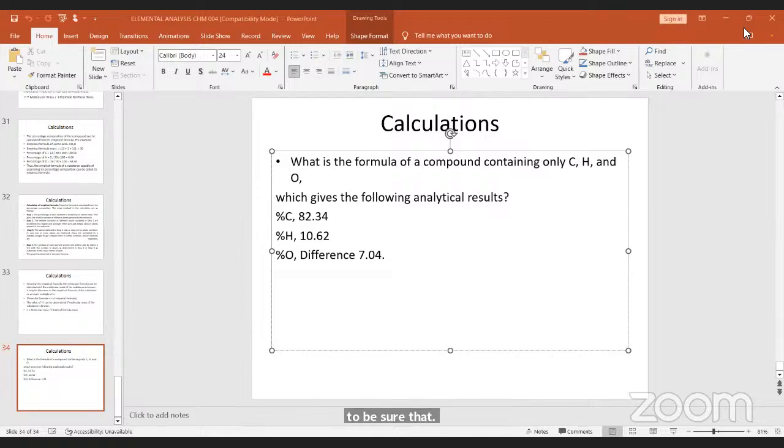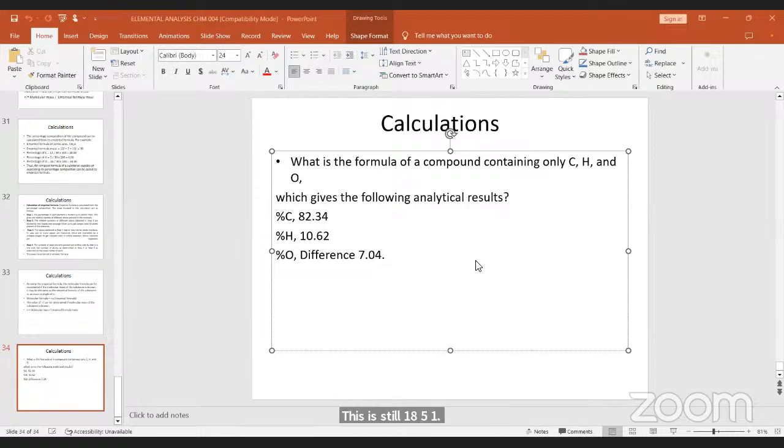Somebody says C16H24O. I doubt whether that will be the correct answer. C12H24O. Okay, C31H48O. C16H25O1?